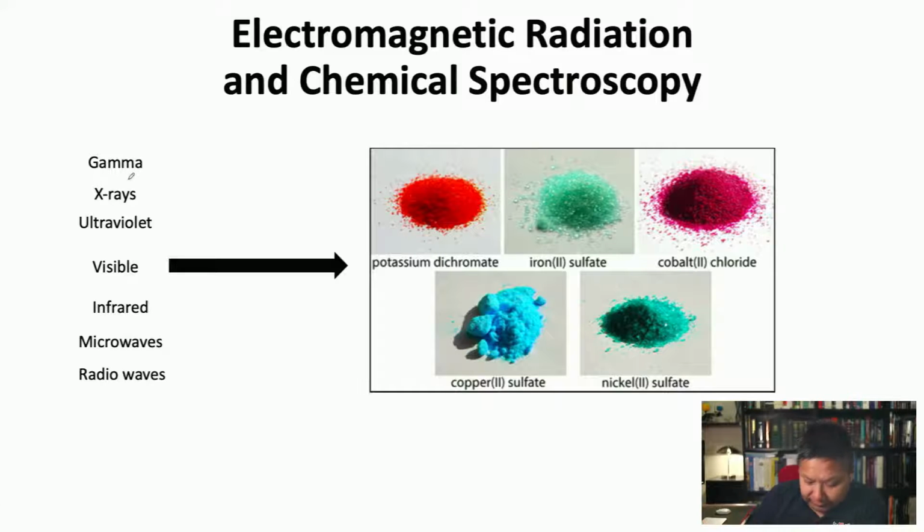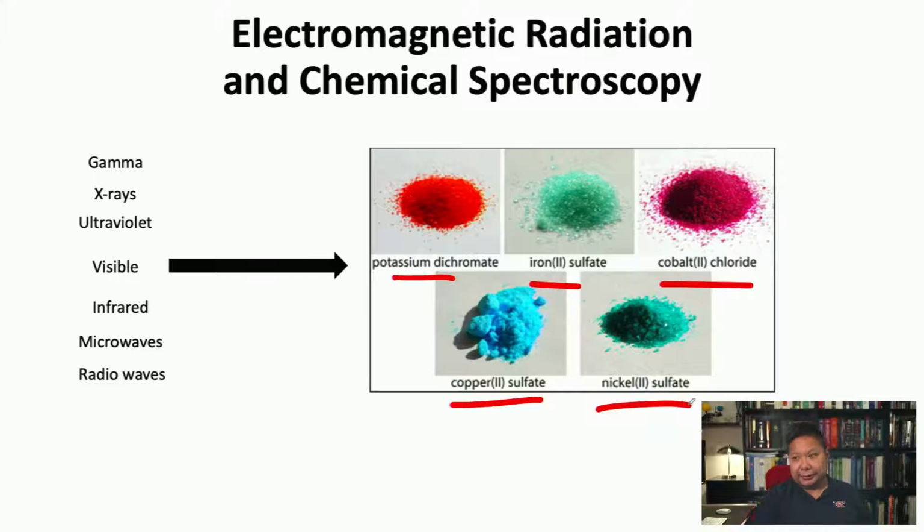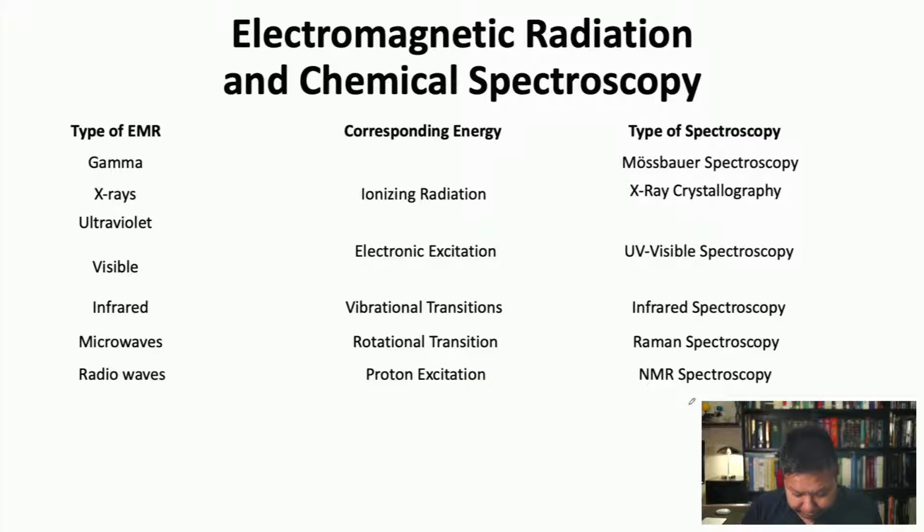And that's how we get colors of things like potassium dichromate, iron sulfate, cobalt(II) chloride, copper sulfate, and nickel sulfate. That's how we get colors. The color of your shirt is because of this. And then we finally get to infrared.